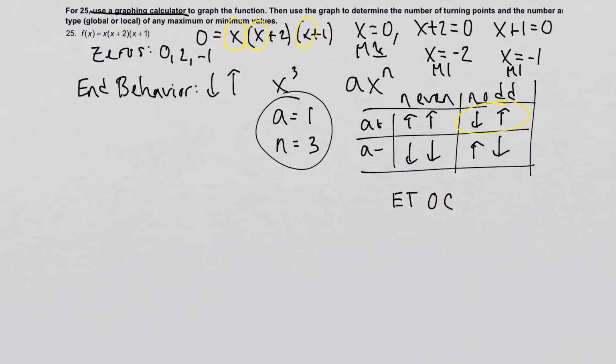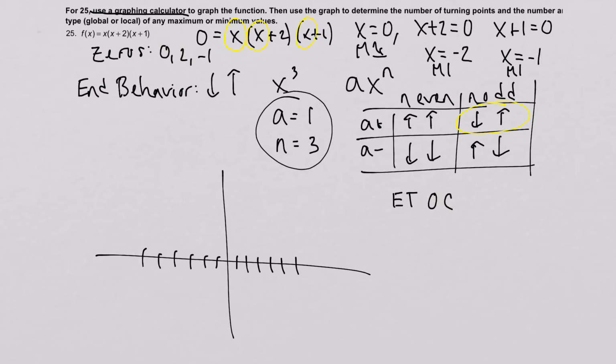So we're ready to graph. Looks like this. Here's my x-axis. Here's my y-axis. The y-axis we really do not care much about, because we don't know how high up it's going to go.